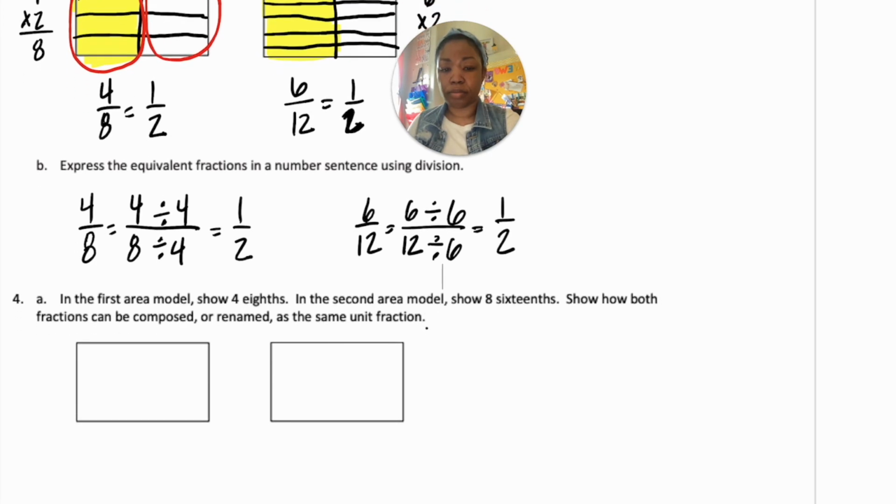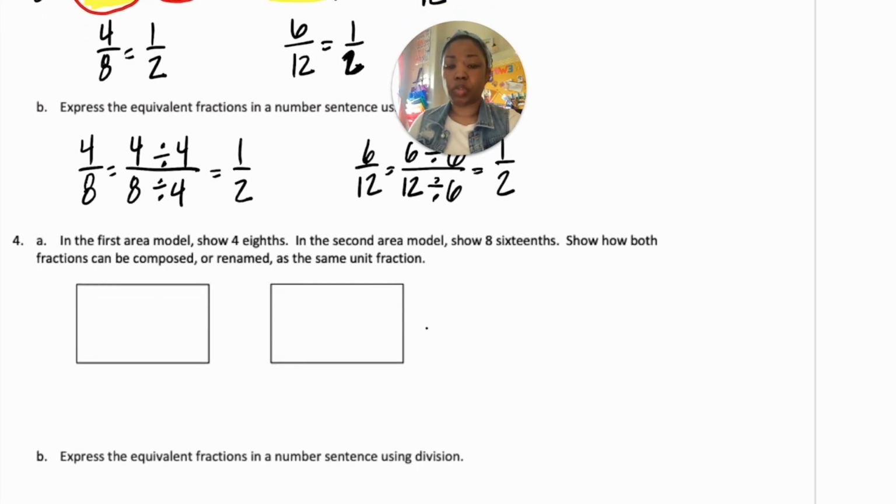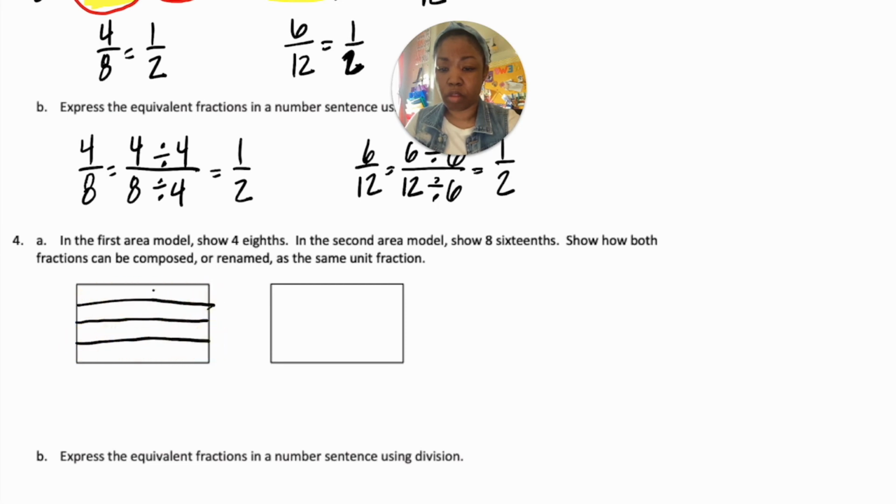For number 4, for the first one, we want to show 4/8. So that will be 4 rows of 2, just like we just did. I'm going to shade 4. In the second one, we're going to do 8/16. So I'm doing 8 rows.